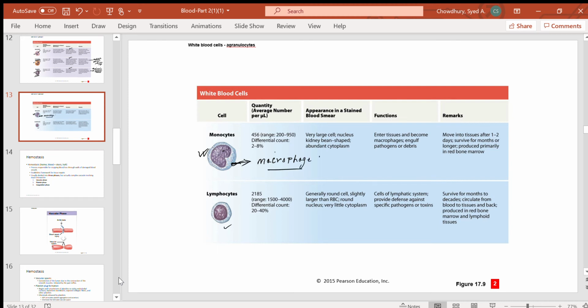So in the tissue you have macrophages, the phagocytic cells. They actually are formed from the monocytes. Here you see them enter into the tissue and become macrophages.